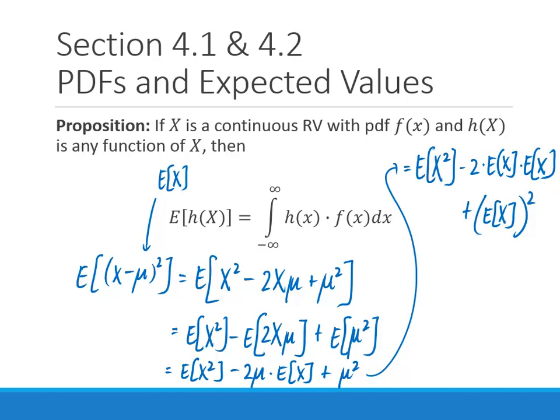And that gives us the thing that was listed there. So this is the expected value of x squared minus the quantity expected value of x squared.